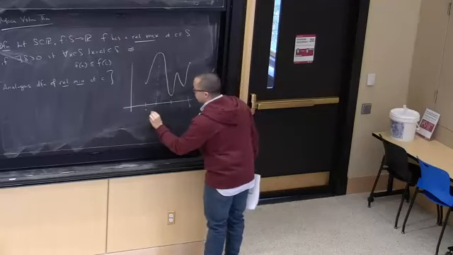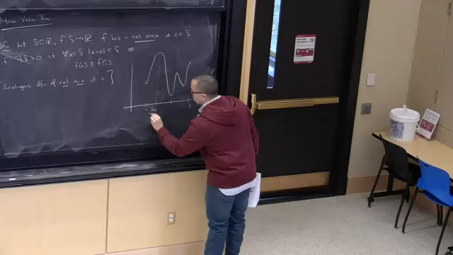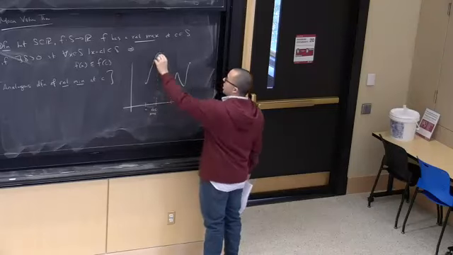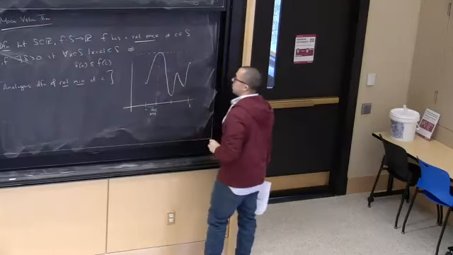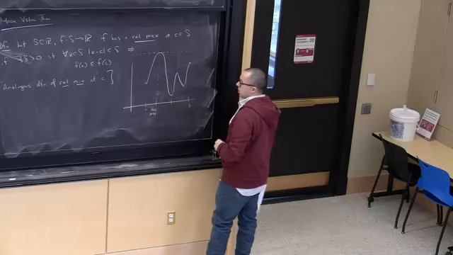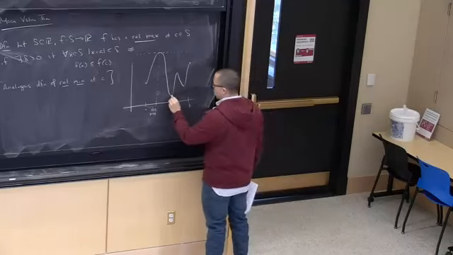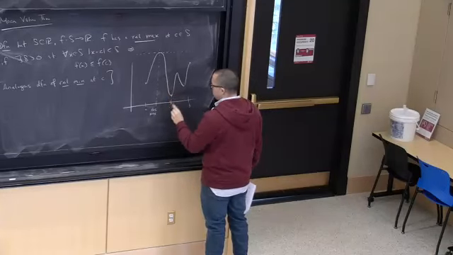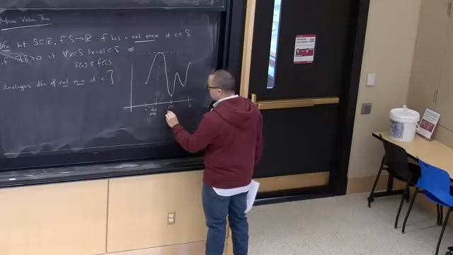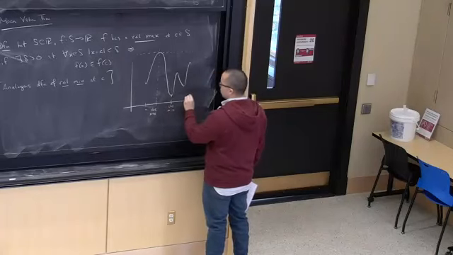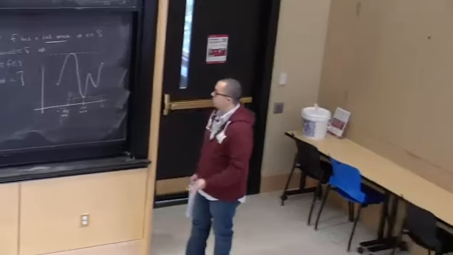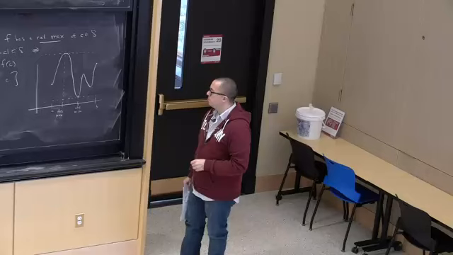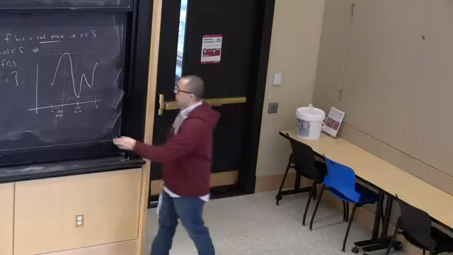So this would be absolute max because the graph of the function sits below the value of the function at this point for all x in this interval AB. And then here at this point, we would have an absolute min, right? Because the graph of the function sits above that point for all x in this interval.